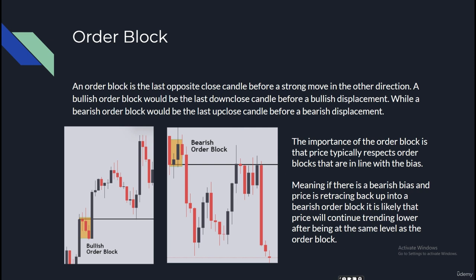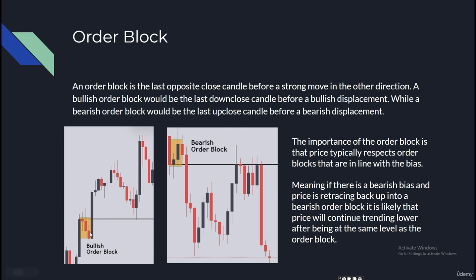And the importance of the order block is that price typically respects order blocks that are in line with the bias. Meaning if there's a bearish bias and price is retracing up into a bearish order block, it is likely that price will continue trending lower after being at the same level as the order block.